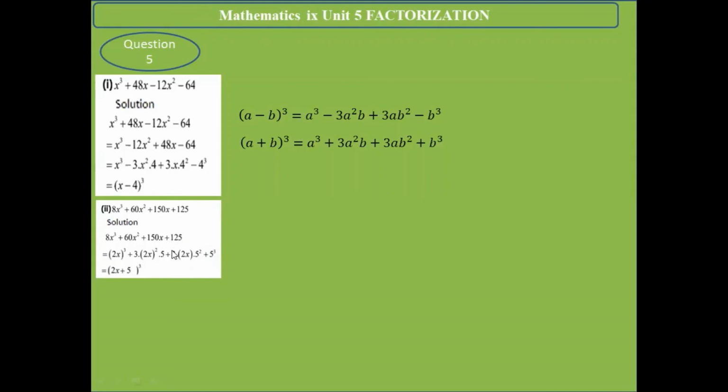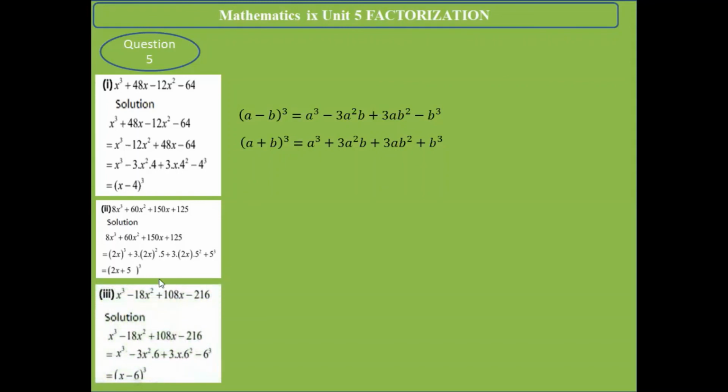Now look here, 3 times 2 is 6, and 5 square is 25, so 25 times 6, we have 150. So this is also correct. So it means we can write this in closed form, (2x plus 5) whole cube. Here a is 2x and b is 5.